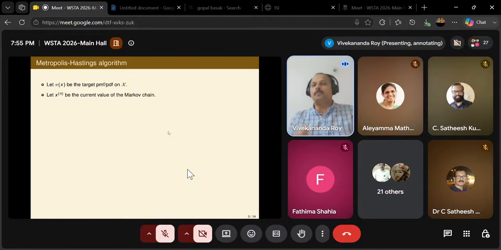So I want to sample from pi, and I'm assuming throughout my talk, and I'll give some examples, that I'm handling densities which are either high dimensional or so complex that IID sampling is not feasible, which is extremely common these days. So what does a Metropolis-Hastings algorithm do?